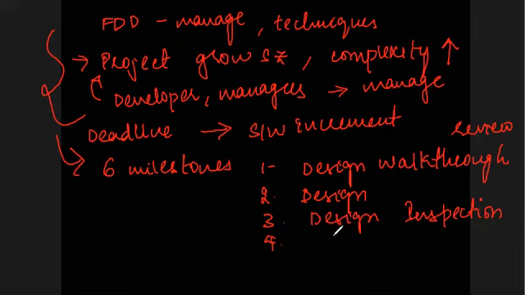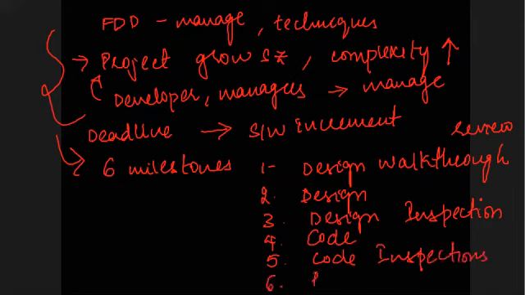Then based on that, you're going to start with the coding part. Then when you have done the code, you're going to go for the code inspection. And when the code inspection is done, then promote to build. That is, you're going to develop the final software.